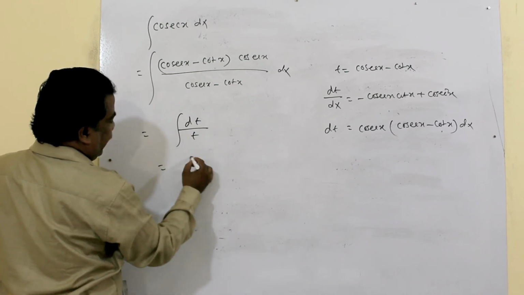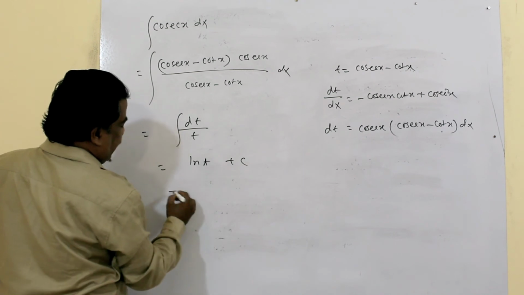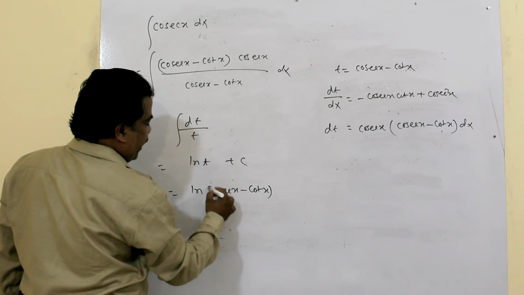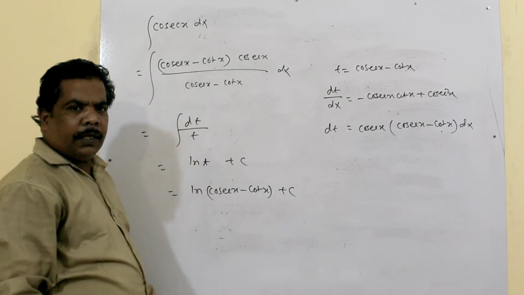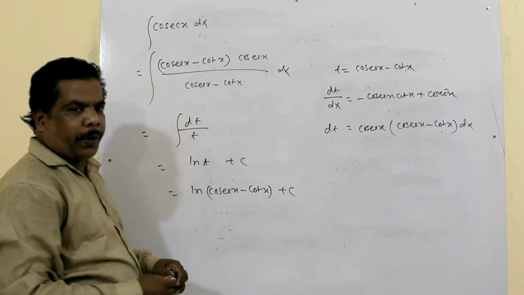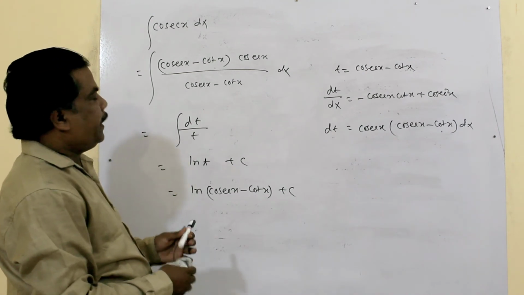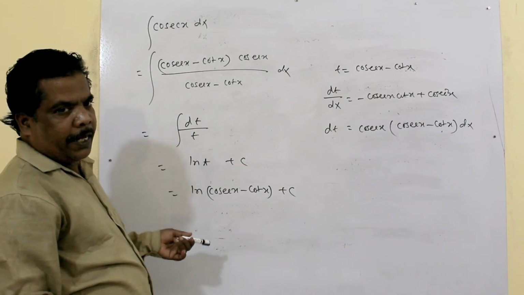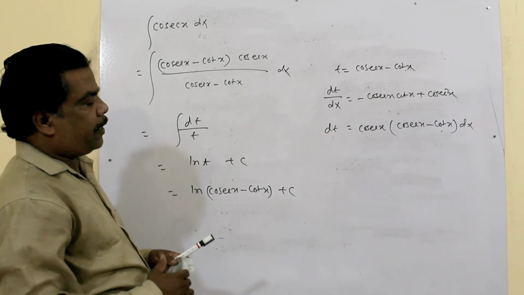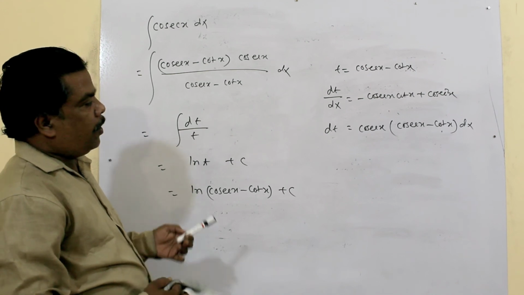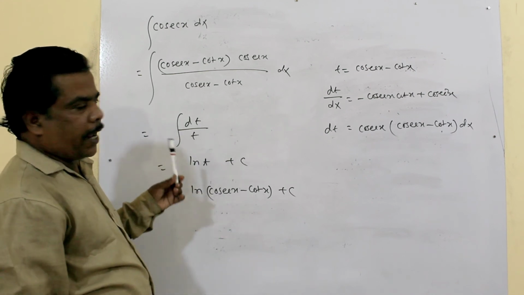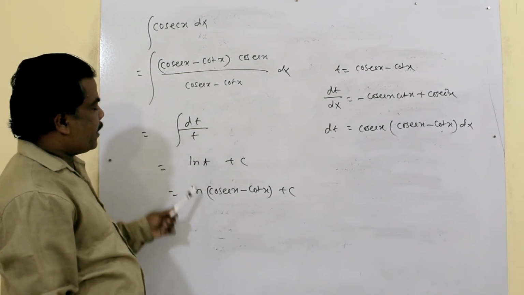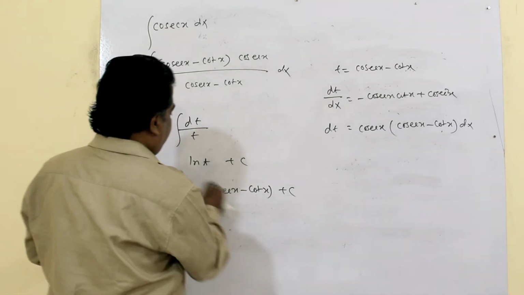So ∫ dt/t = ln t + c, that is ln|cosec x − cot x| + c. In this way we find the integrals of tan x, cot x, sec x and cosec x: tan x gives ln|sec x|, cot x gives ln|sin x|, sec x gives ln|sec x + tan x|, and cosec x gives ln|cosec x − cot x|.